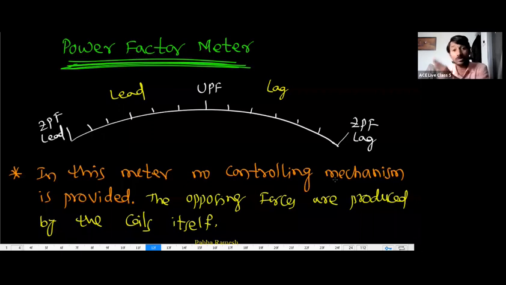But opposing force is required definitely. The pointer has to move like this, so TD will be there and opposing force is to be produced. How is the opposing force produced in this meter? By the coils itself; the coils are designed such that the opposing forces will be produced automatically. That depends on its own construction.